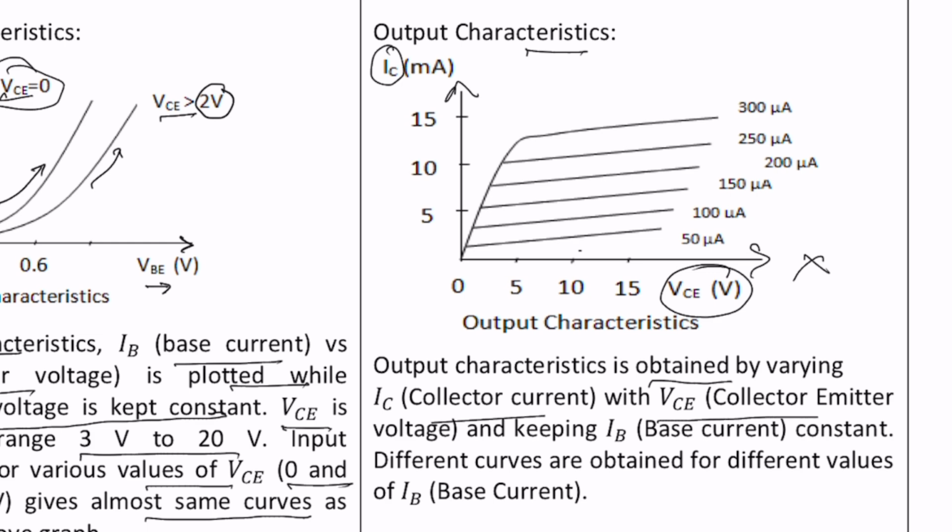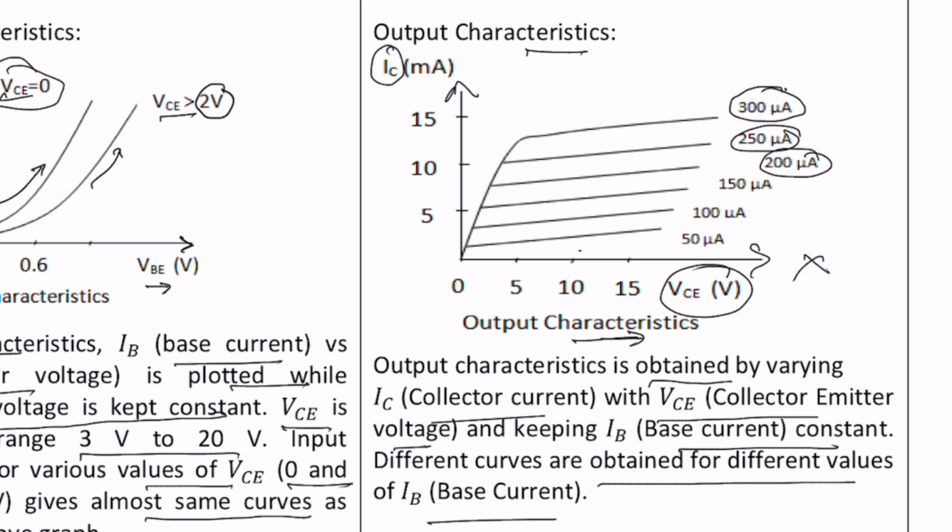So if you go on increasing collector emitter voltage, you will get different values of collector current. Keeping the base current constant, say 300 microampere, 250 microampere, 200 microampere, by increasing the collector emitter voltage, we find that the collector current increases. So different curves are obtained for different values of base current. This is the output characteristic.